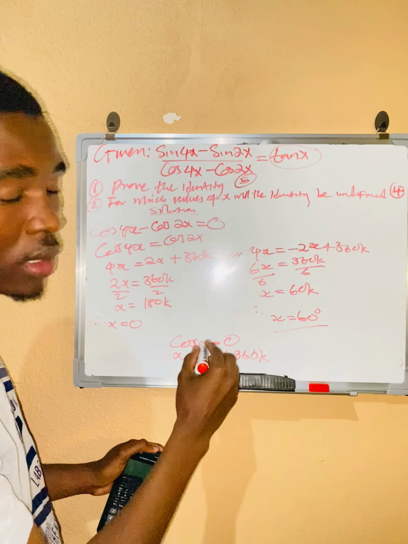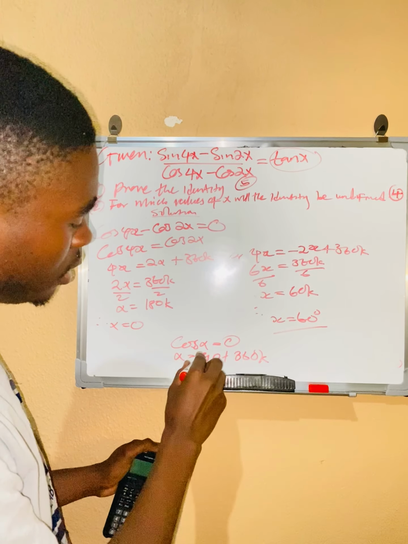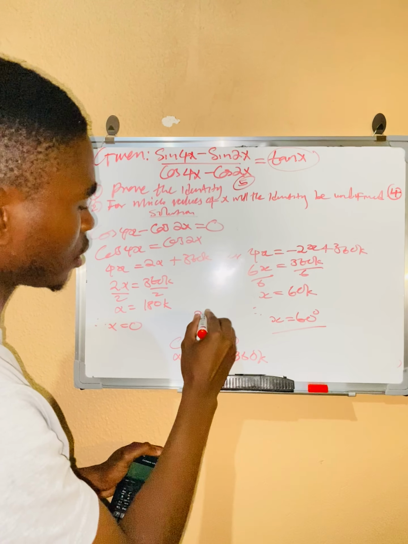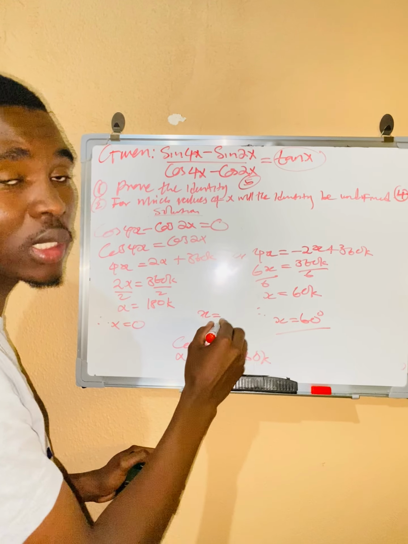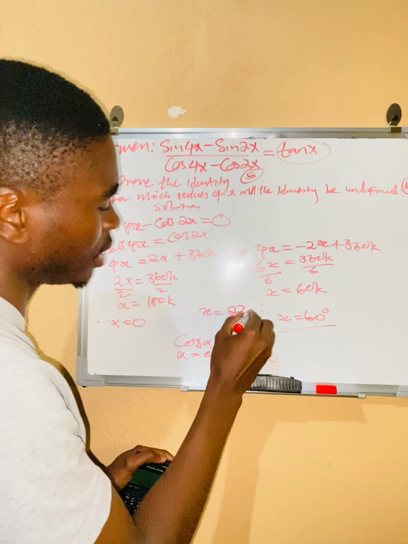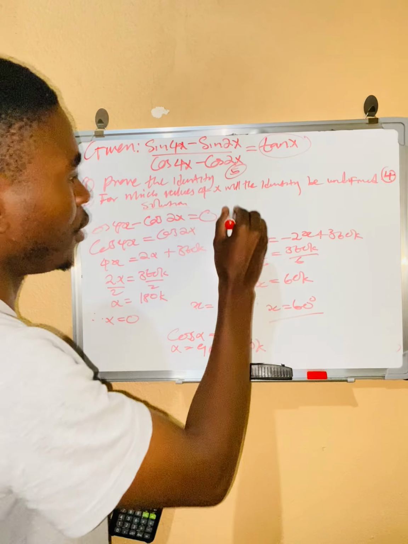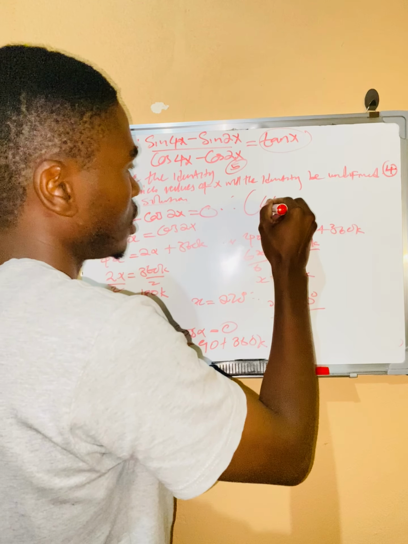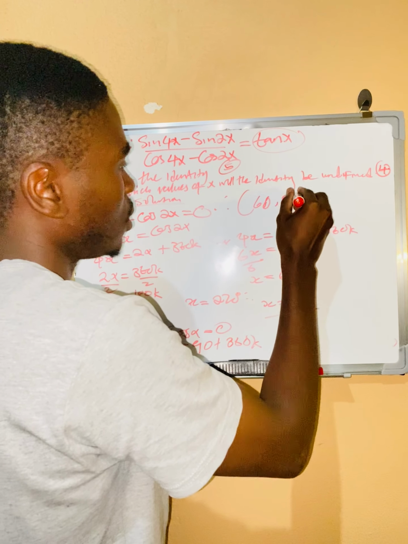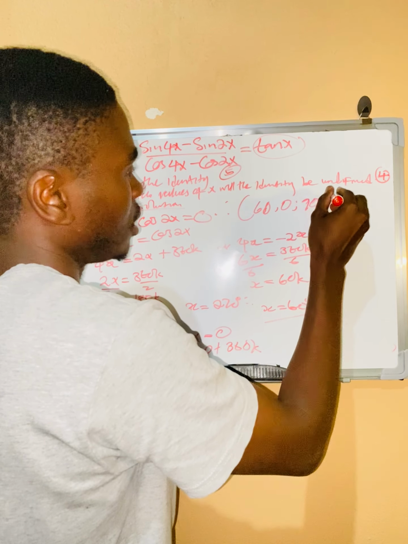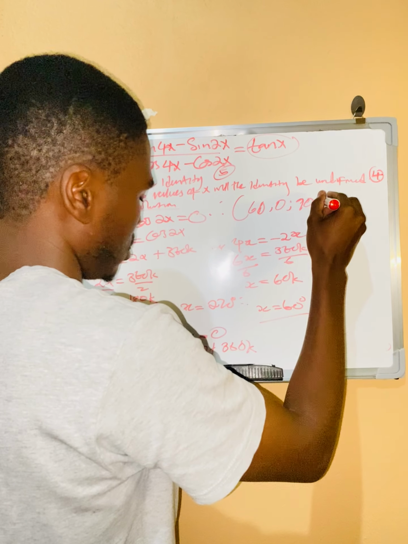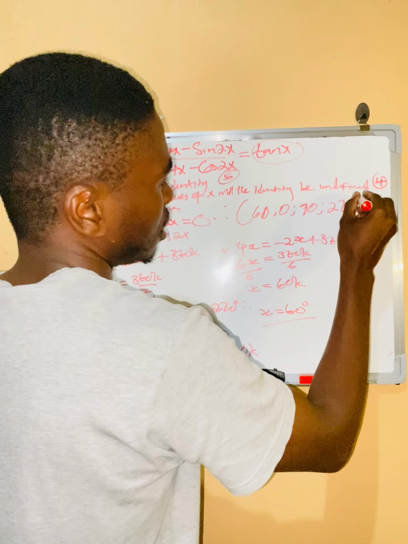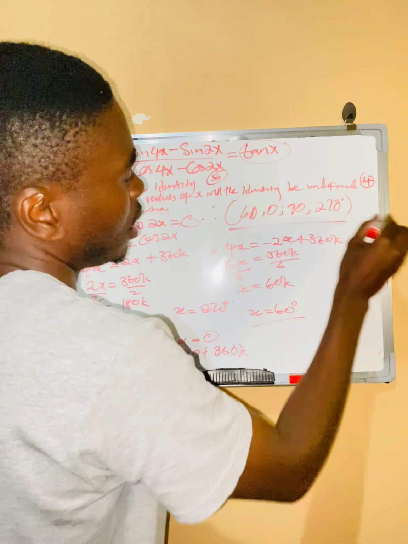It's going to be positive in the fourth quadrant, which means your x is going to be 360 minus 90, which gives you 270 degrees. So your solution is going to be 60, 0, 90, and 270 degrees. This is your final answer.